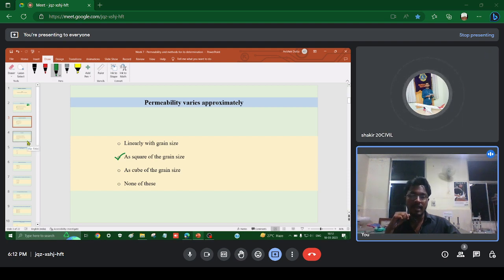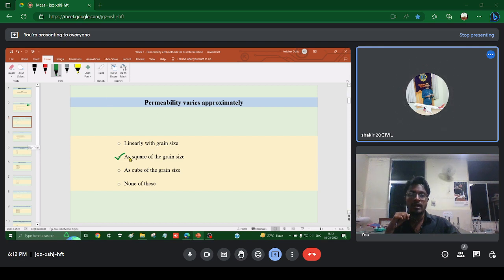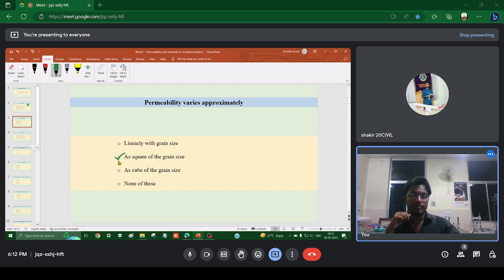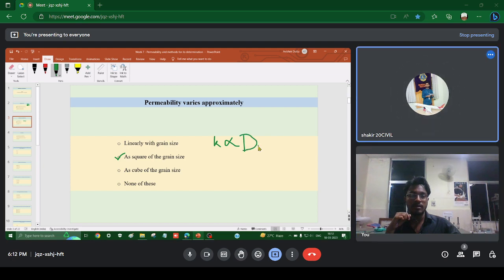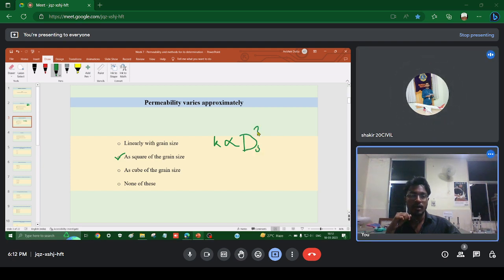We'll be discussing that in the second question, I believe. So here it is a square, right? Yes, sir. Permeability K will be varying as per the square of the grain size. ds is the grain diameter, the effective diameter. Then it will be the square. This is the relationship. Yes, sir. Okay.